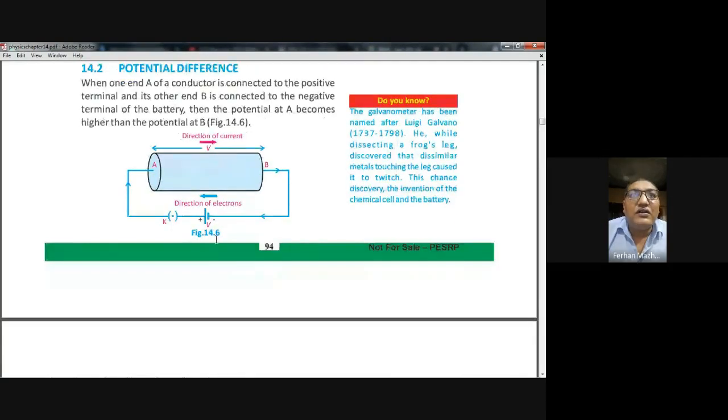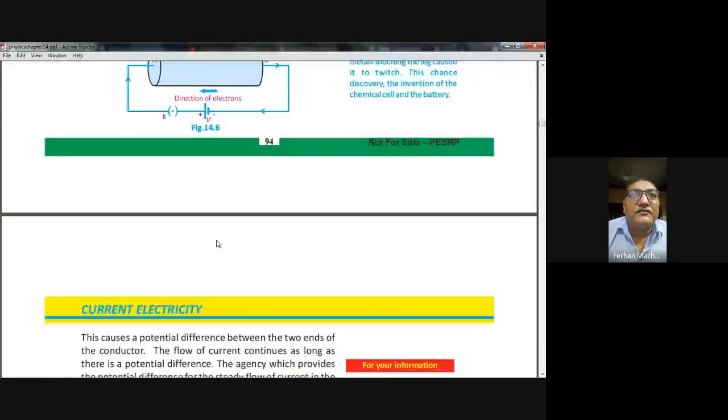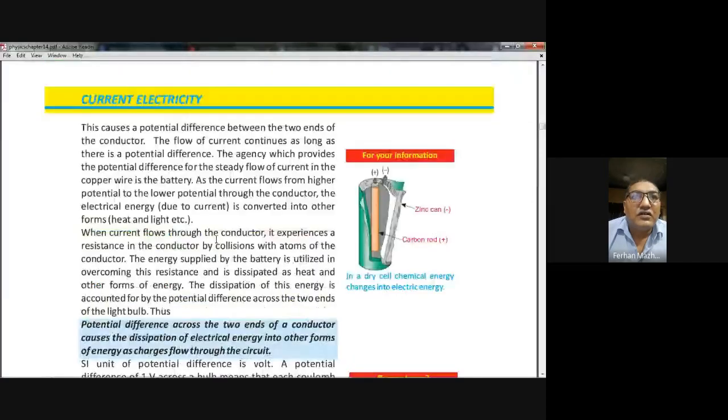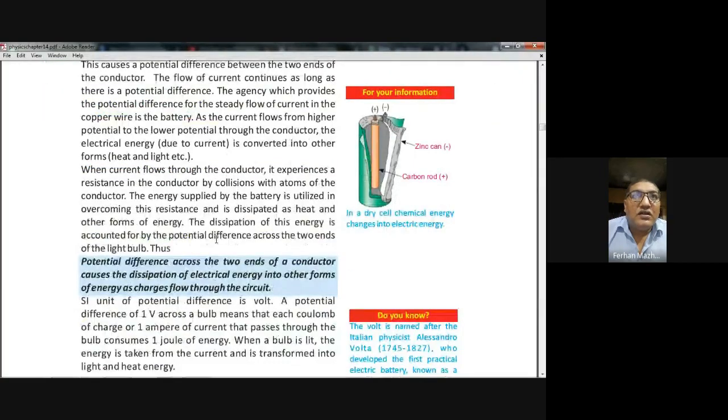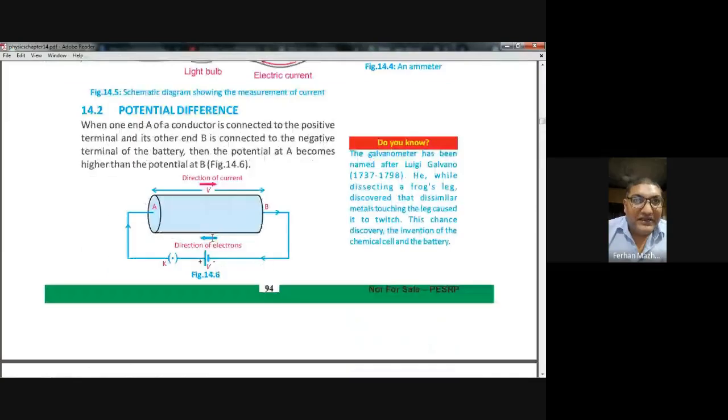Now, for example, if this is a circuit and this is a resistor. What a resistor is we will study in detail, but you can understand one basic idea: the resistor converts electric energy into heat.